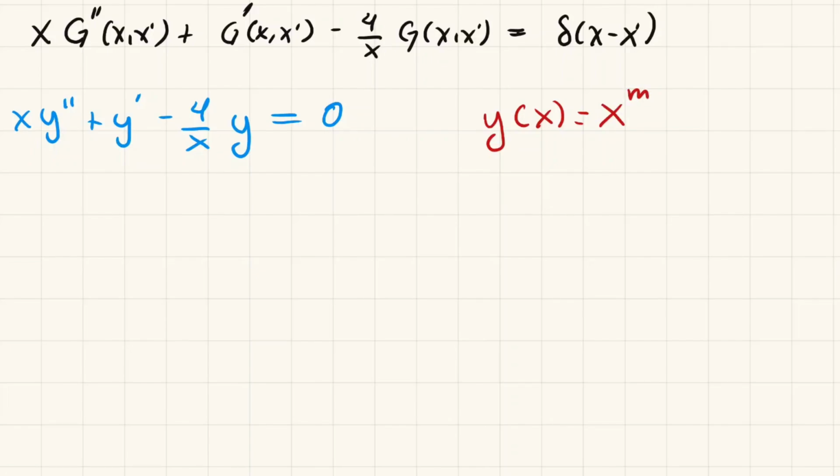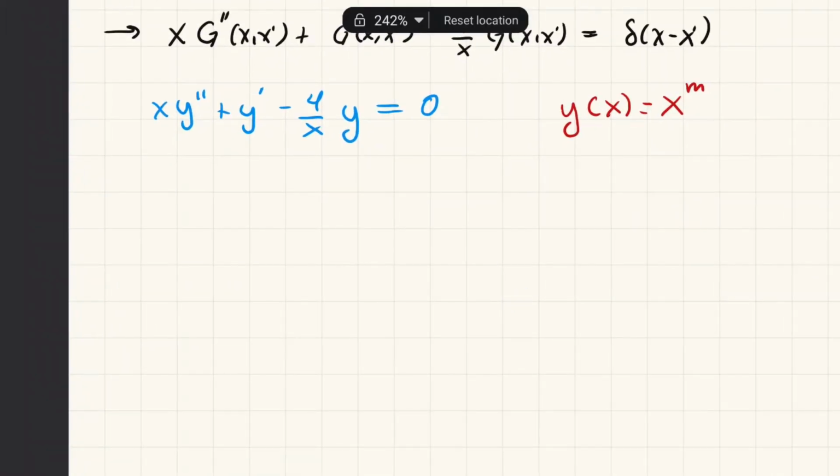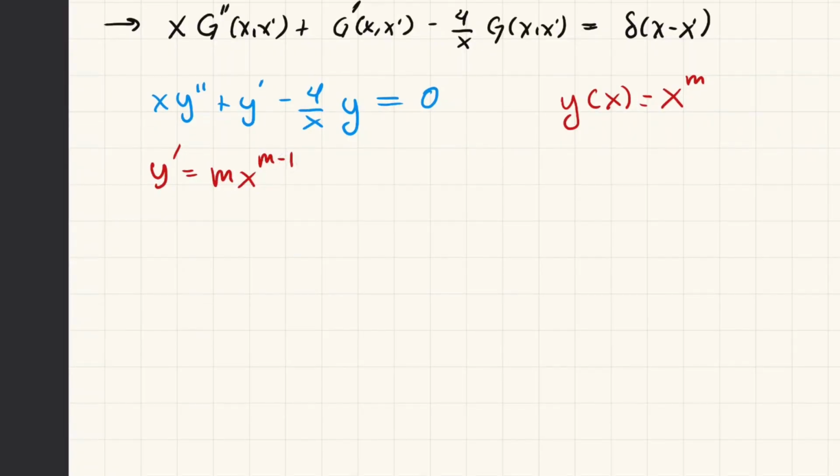We need to find m, and then the solution will be a linear combination of functions of this type. If we take the first derivative, we get m times x to the m minus 1, and the second derivative is m times m minus 1 times x to the m minus 2.